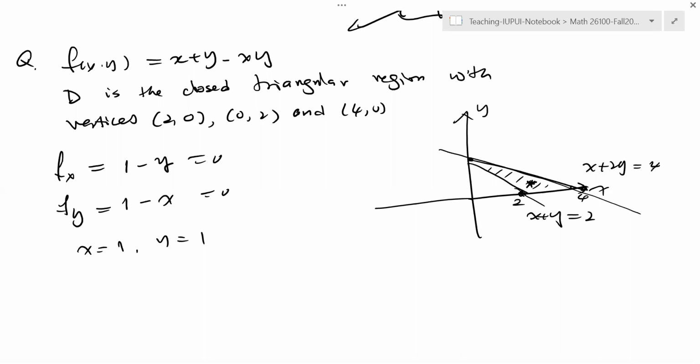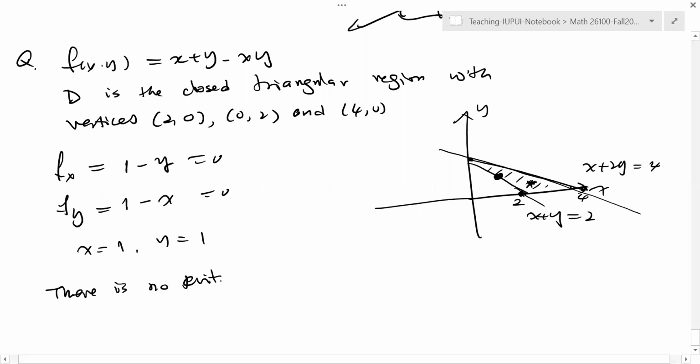So these are the two lines. Now, this point, the critical point, is on the boundary, so it's useless because it's not inside the domain. So there is no critical point inside the domain.